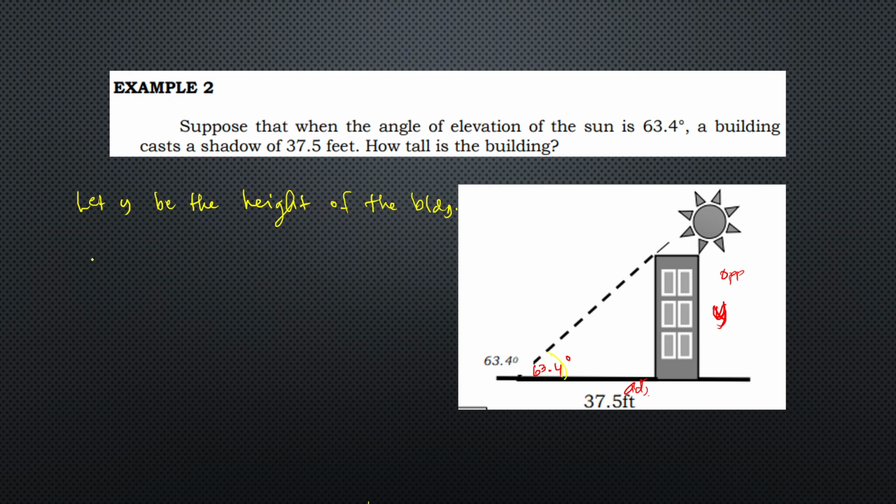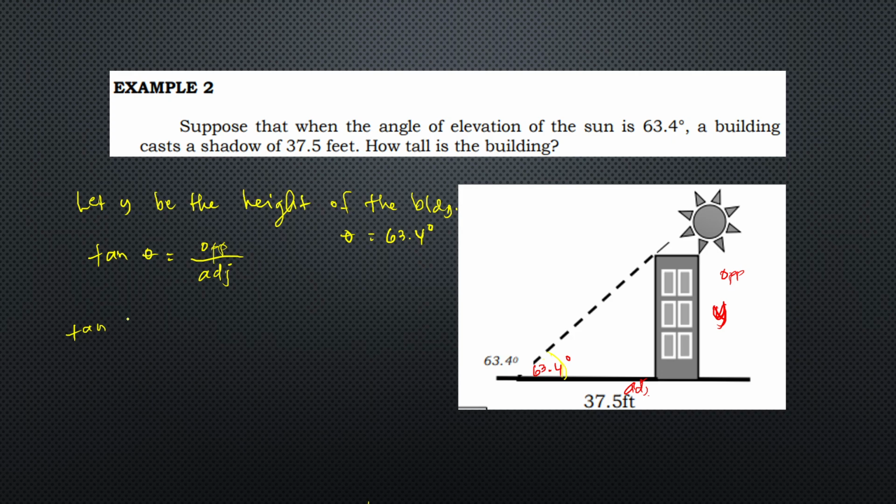Okay. So then, as established, we use tangent theta because the given are the legs. That is the opposite side over adjacent. So the theta here is equal to 63.4 degrees.